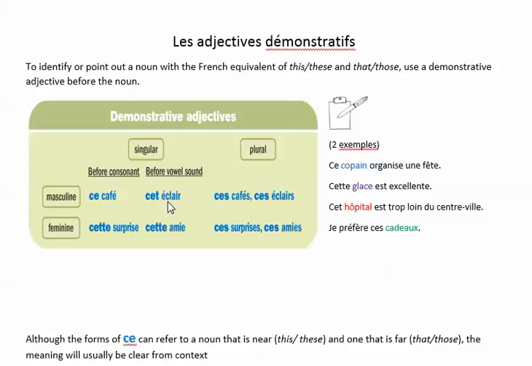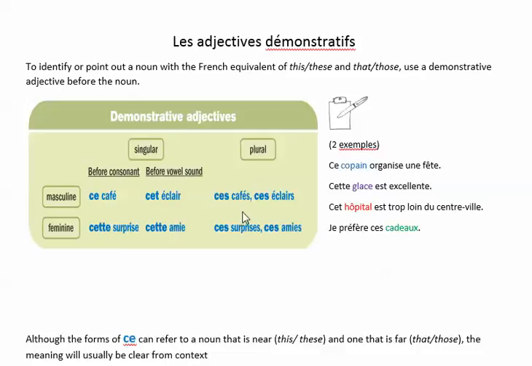If the noun is singular, starts with a vowel sound and it's feminine, you're going to use cette, just like in front of a consonant sound. Cet ami, cette surprise. Okay?